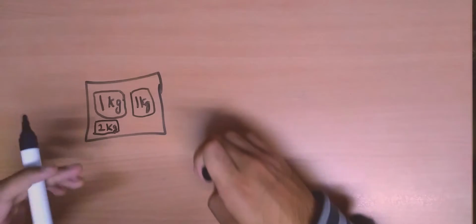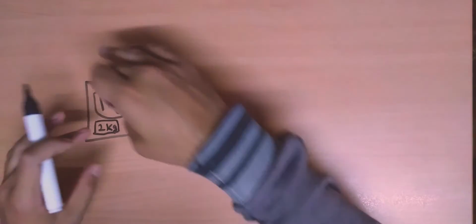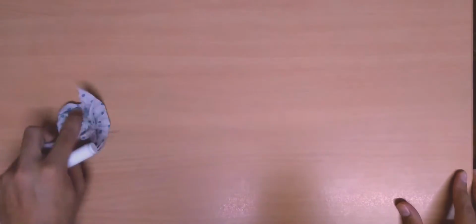So I can add masses, right? The total mass of this complete box will be 4 kg. That makes sense. So we can add masses to find the net total mass. Similarly, we can add charges.